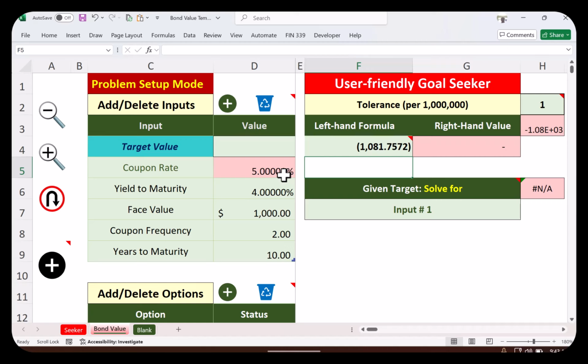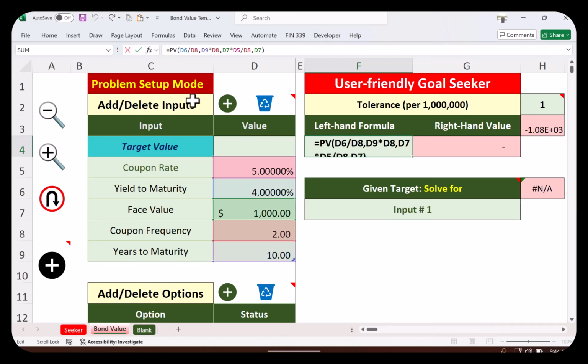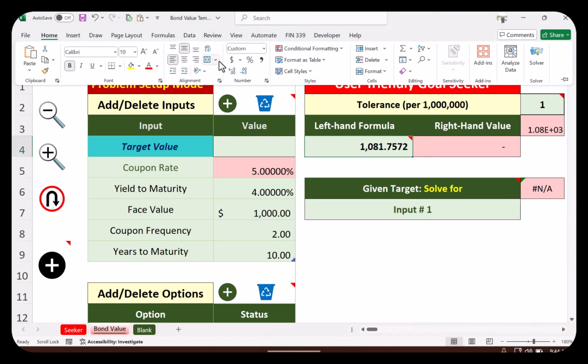Payments you receive are credits, what you pay is debit. But we know bonds are worth positive, so put a negative in front of it. Okay. Since I know this is a dollar amount, I'm going to make that a dollar amount.